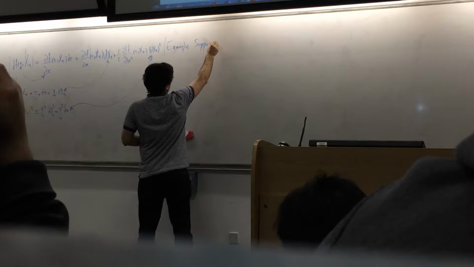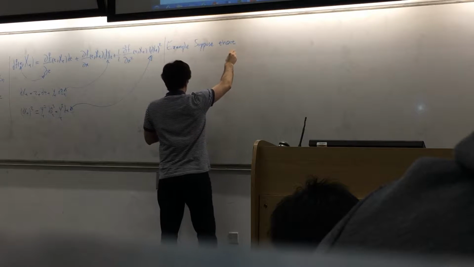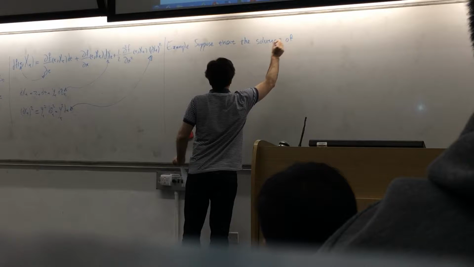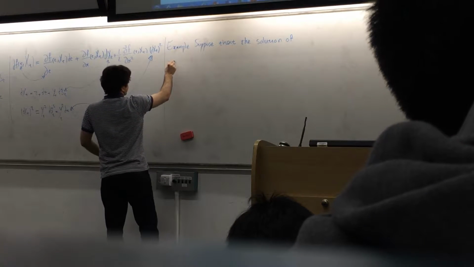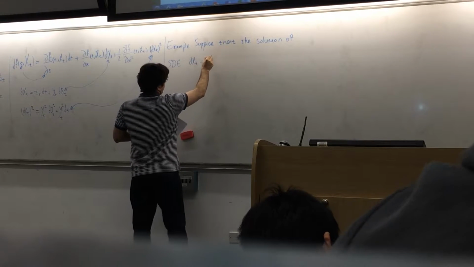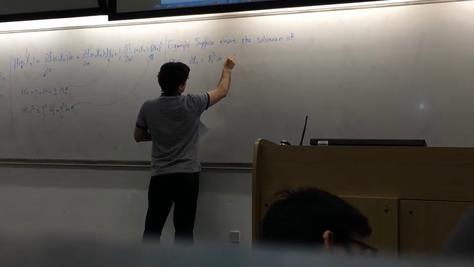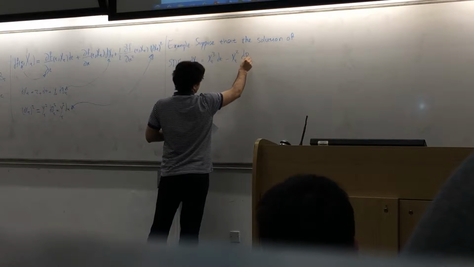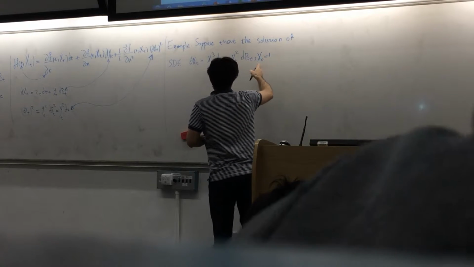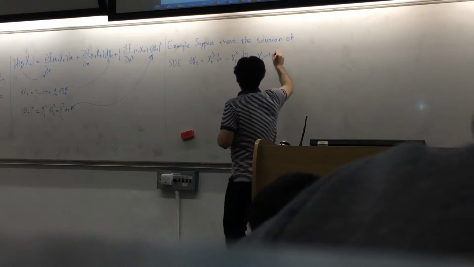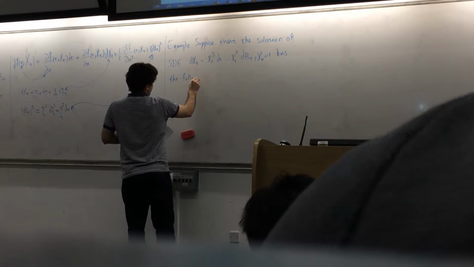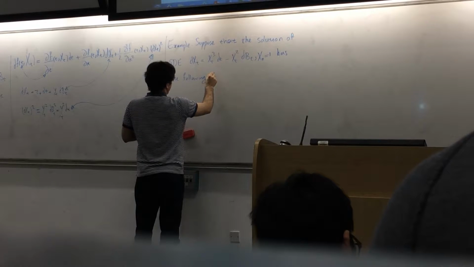Suppose that the solution of SDE dXt equal to Xt to the power of 3 dt minus Xt squared dBt. So this is your differential equation, and the starting point is 1. So X0 equal to 1 has the following form.